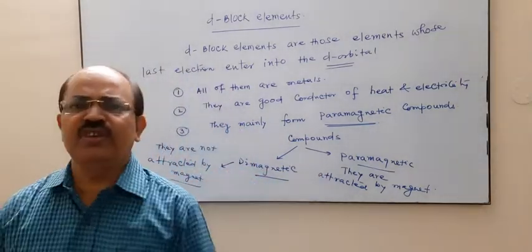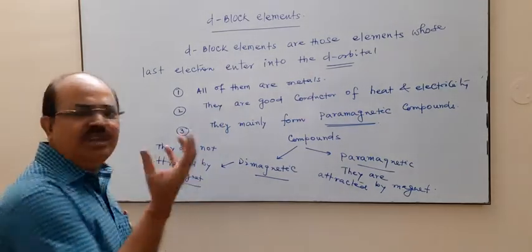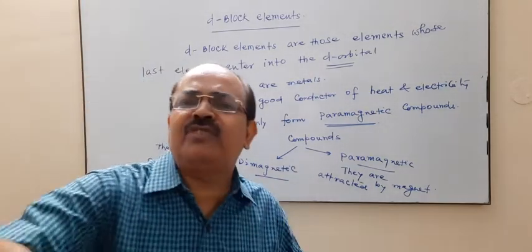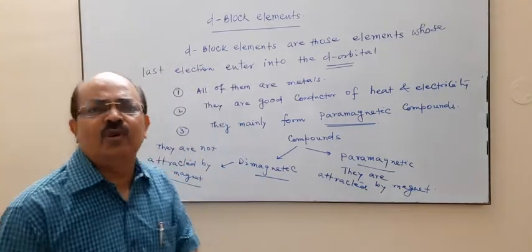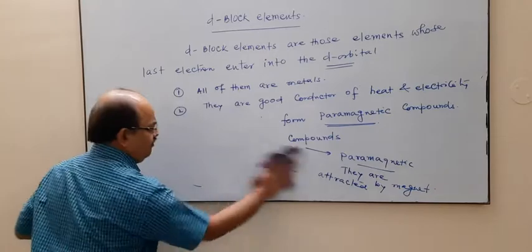Now the question is, why is something attracted by a magnet and why is something not attracted by a magnet? Means what is the cause of paramagnetism?